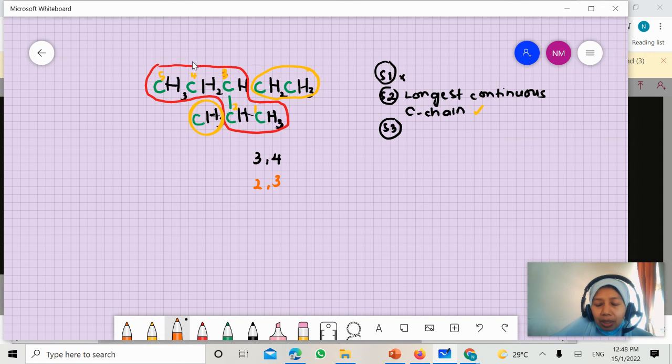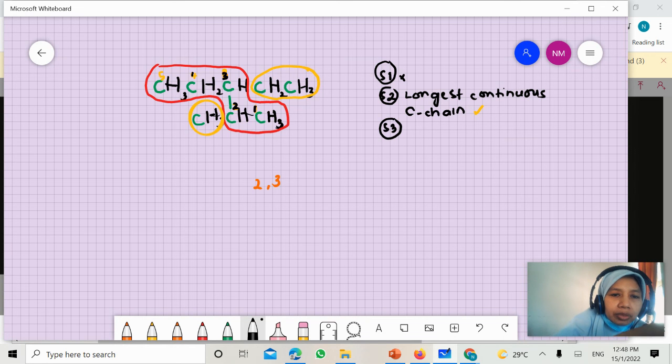So we choose the yellow one. So what we have on the screen is now correct. Yeah, the numbering is now correct. So we take it as the one from the right. 1, 2, 3, 4, 5.